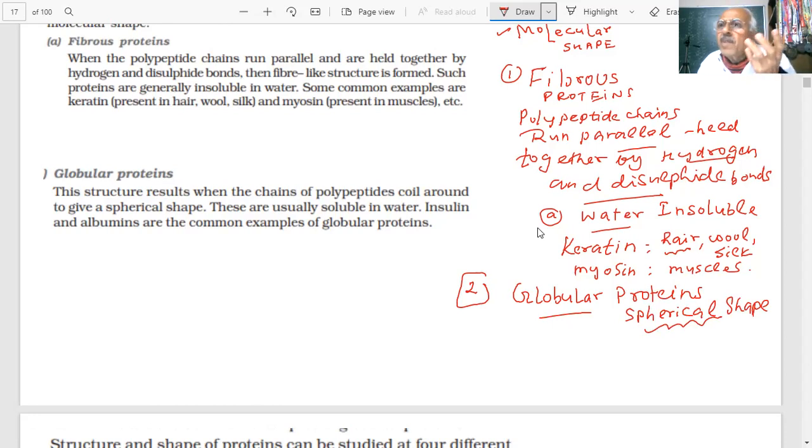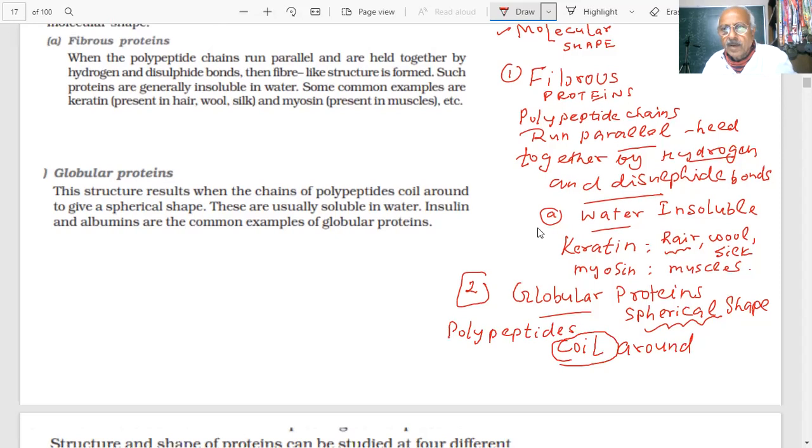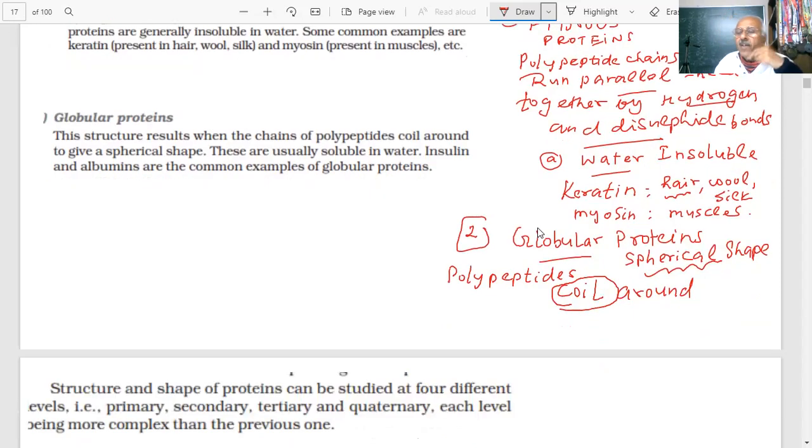But what is it made up of? Polypeptides. Everything is polypeptides in proteins. Clear? Now these polypeptides will coil around, students.